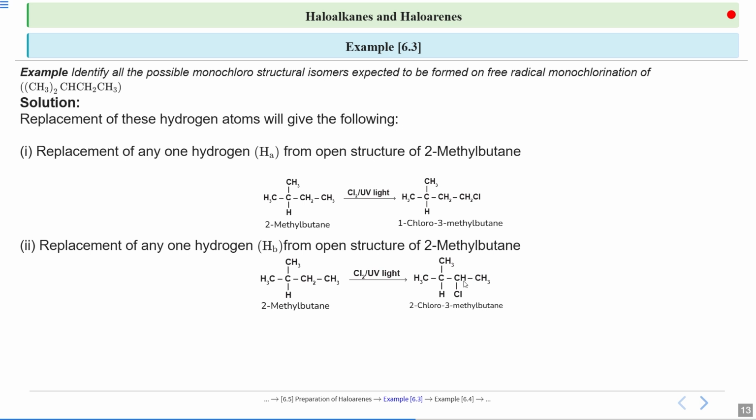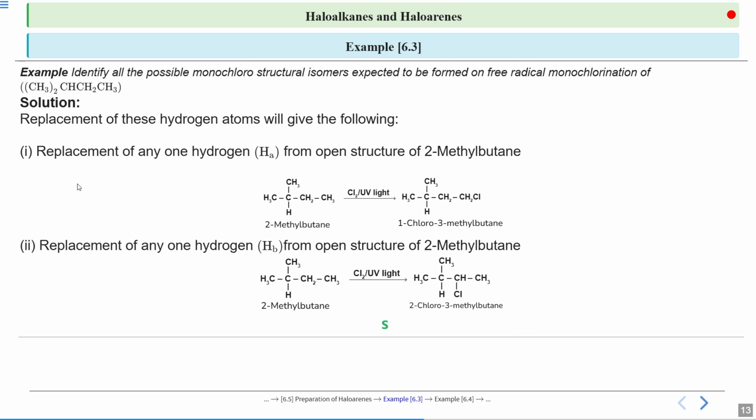That means at the second position, at this carbon, you got chlorine after the replacement of HB kind of hydrogen atom, and this will be your major product after the monochlorination of 2-methylbutane. So these are the two monochloro structural isomers we have gotten until now.